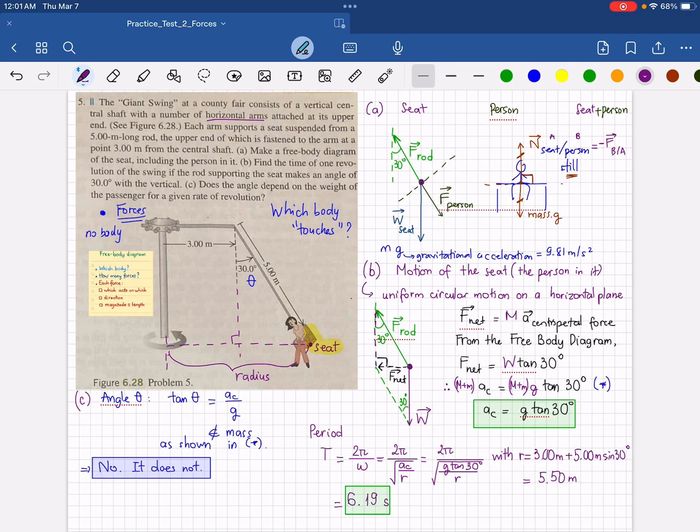So if the seat acts on you upward, then you should also add a force on the seat, but it should be downward. This is the force that you, the person, add on the seat, and it's the same in magnitude.